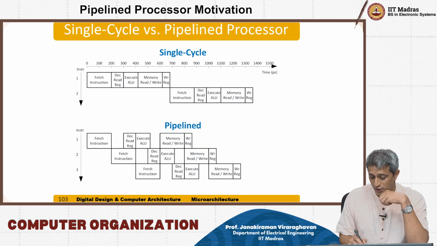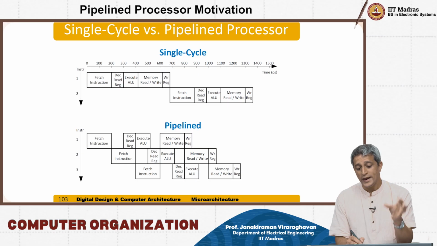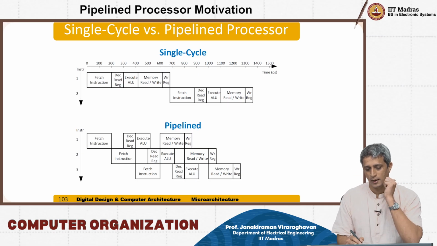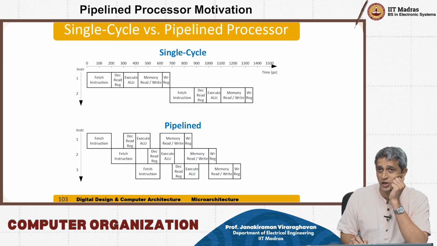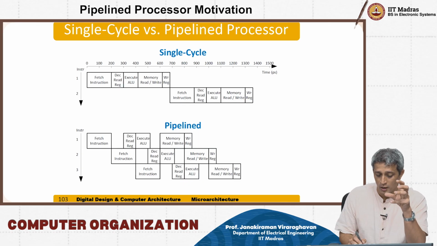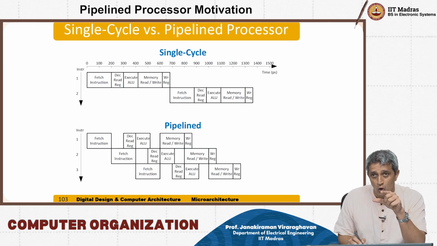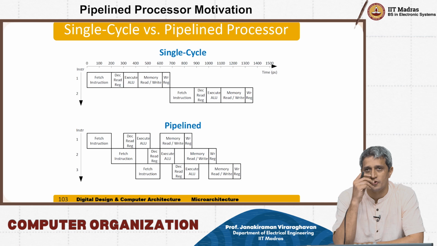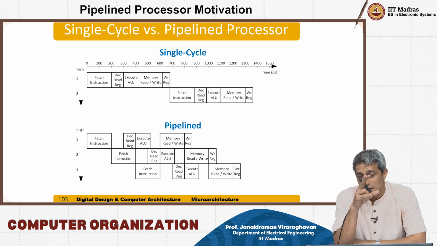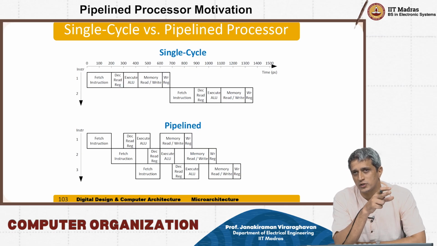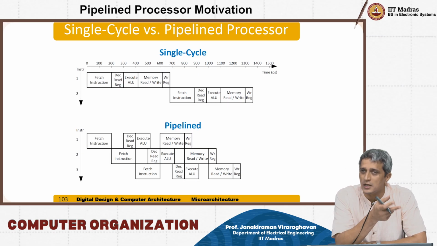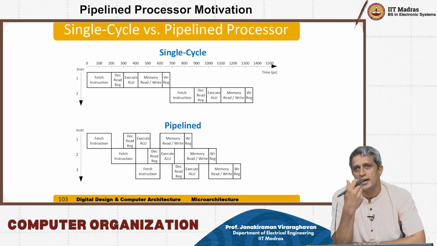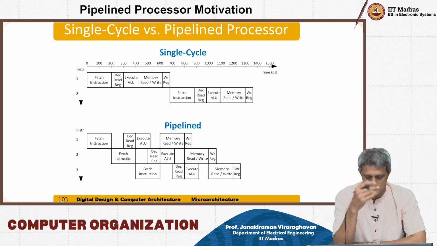What is interesting to note is that while the fetch is being executed for instruction 2, the decode is already being executed for the previous instruction, instruction 1. While that execution is happening on instruction 1, the previous stage, which was supposed to fetch, now goes to memory and fetches the next instruction already.